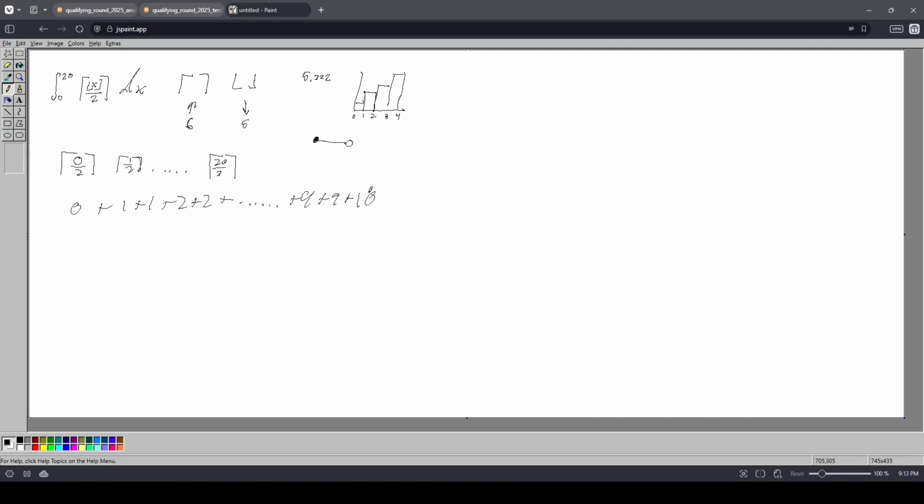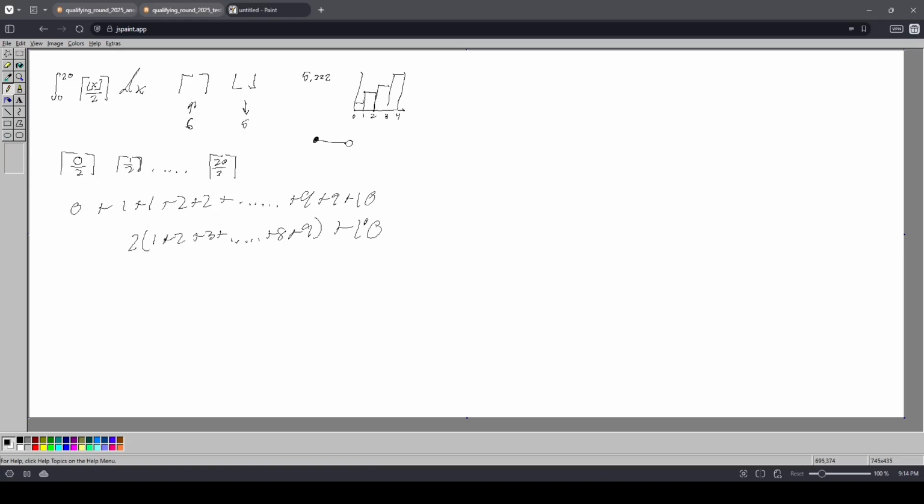Right? Here's where a bit of something useful comes in. The numbers from 1 to 9 repeat. So you can rewrite it as 2 times 1 plus 2 plus 3 up through 8 plus 9, plus 10, right?